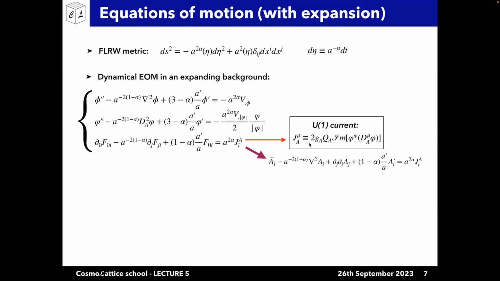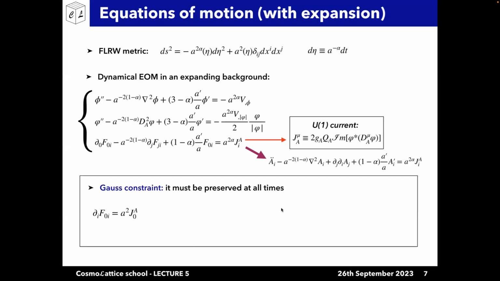The difference is that they are sourced by the current instead of by the derivative of the potential, you have a different friction term, which goes as 1 minus alpha instead of 3 minus alpha, and you have this cross term, which is not in the scalar field equation. But this already gives us a hint of how to discretize and evolve these equations, in a very similar way to the scalar field.